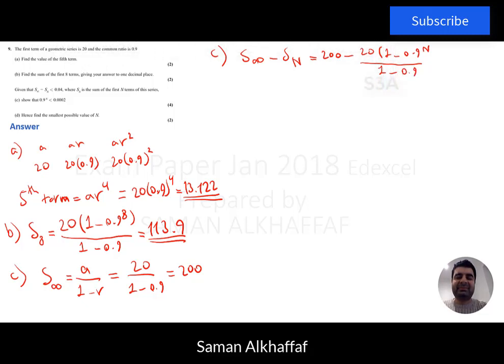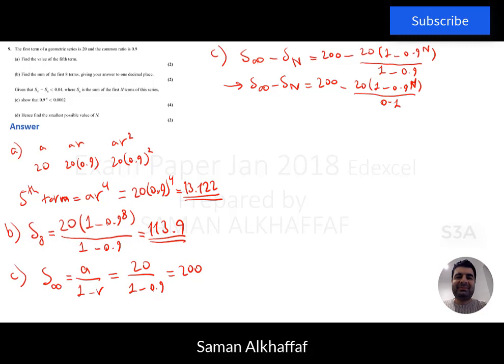Then we continue simplifying this expression, so S to the infinity take away Sn equals 200 minus 20, 1 minus 0.9 to the n, close bracket, over 0.1.